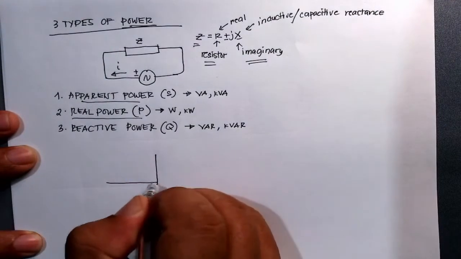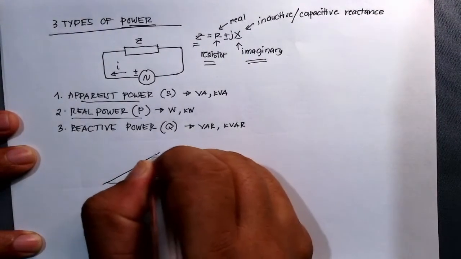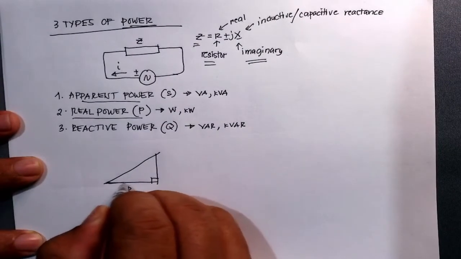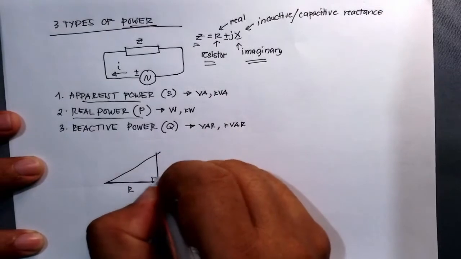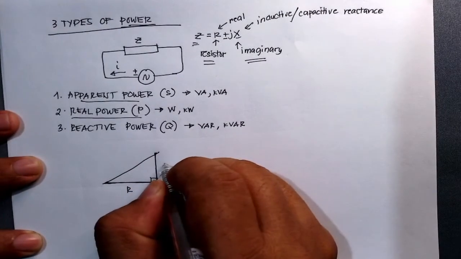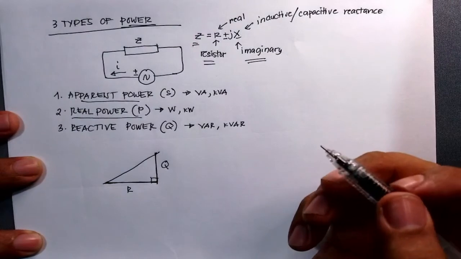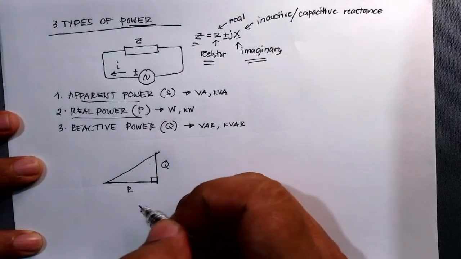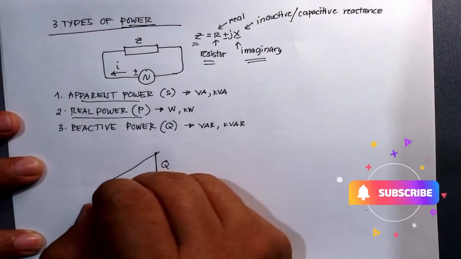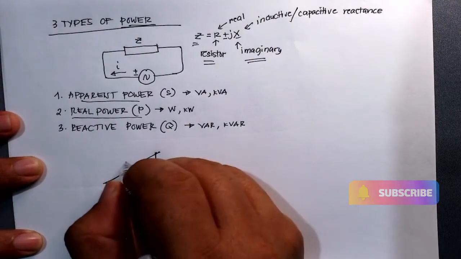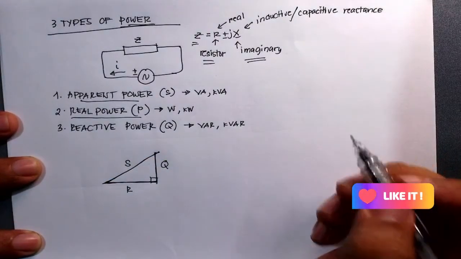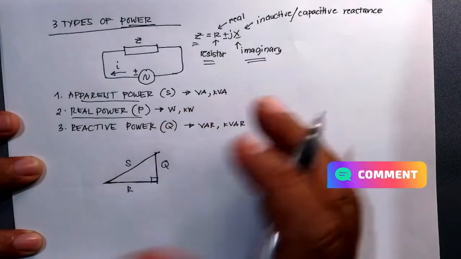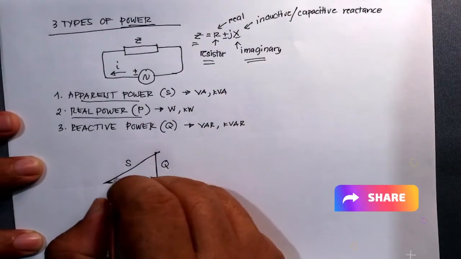Okay, so I am drawing here a right triangle, and your real power is this side, and the one that is vertical here is your reactive power, which is Q. Now, since this is a right triangle, by the Pythagorean theorem, you can find the hypotenuse, and this hypotenuse is our apparent power. So if you have values for these sides, you can get the angle here.